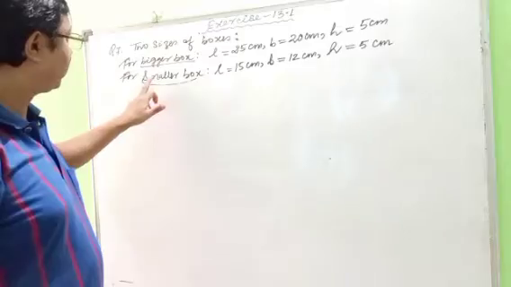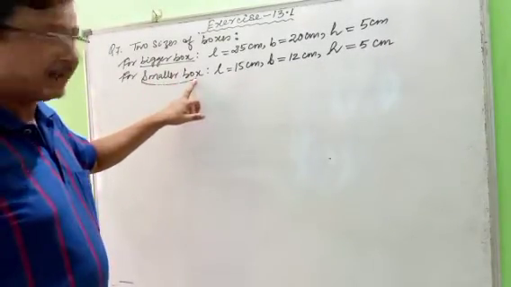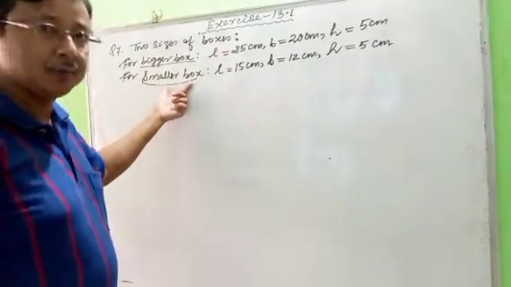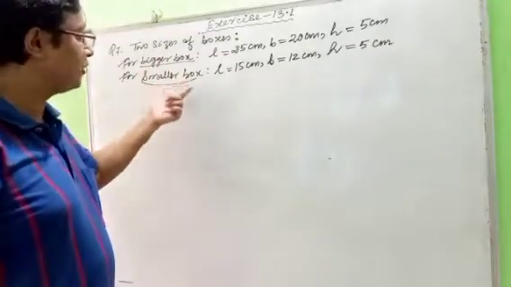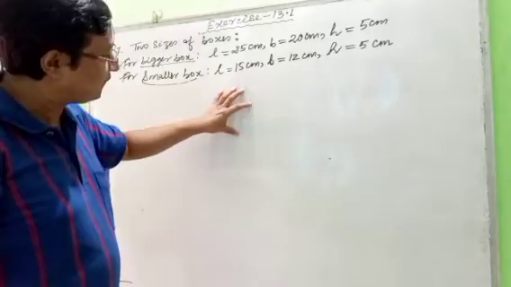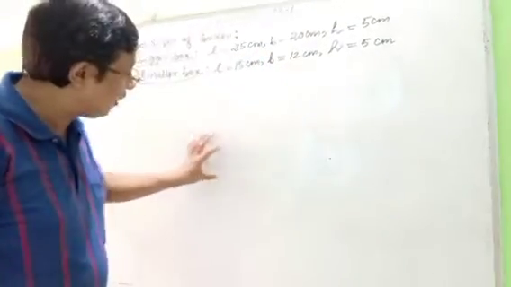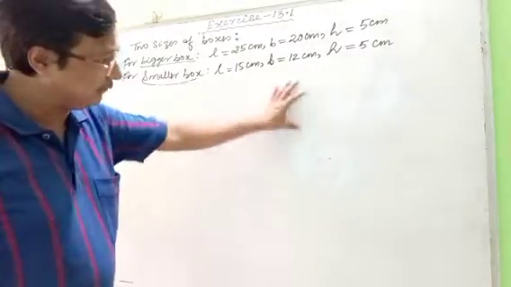Next part, you are going to find the total surface area of a smaller box. The number of smaller boxes ordered by the shop is 250, so you are going to find the product with 250, and then you will add the total surface area of the 250 bigger boxes with that of the 250 smaller boxes.